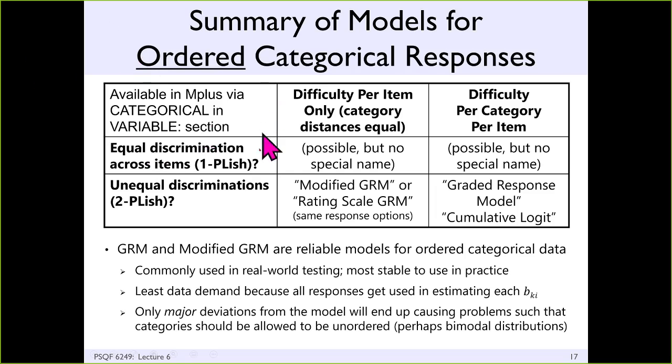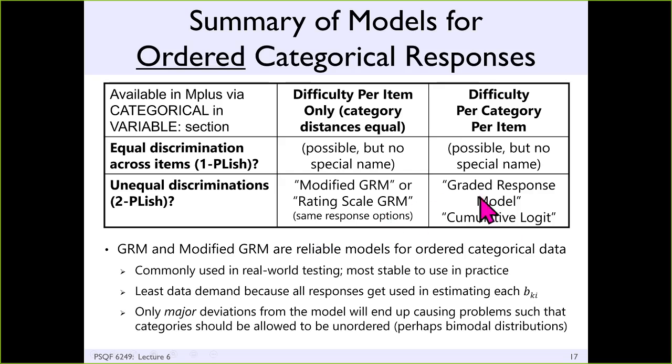So in terms of summarizing ordinal categories, these are the names that go with it. For whatever reason, these models tend to have separate slopes as a default. So I've given you sort of 2PL-ish versus 1PL-ish as ways of thinking about it, but that's not what they're called.